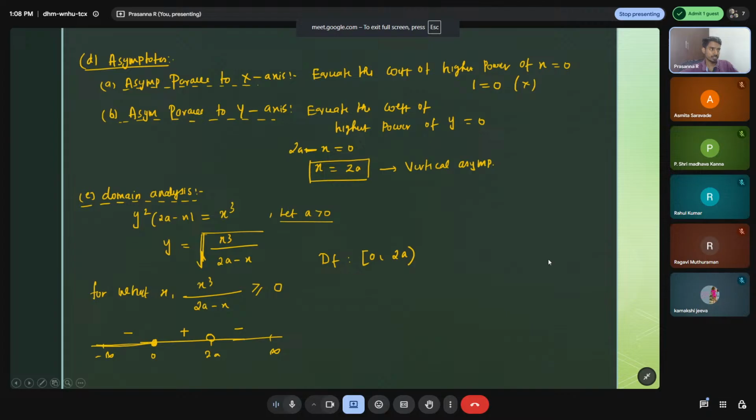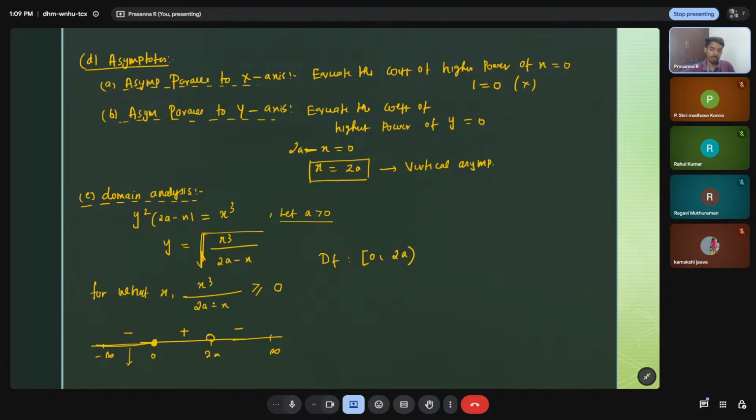If x is greater than 2a, the denominator will be negative because it is 2a minus a bigger number, and the numerator is positive, so negative. In the region to the left of 0, 2a minus x will always be positive because 2a is bigger, but x cube will be negative, so negative by positive is negative.